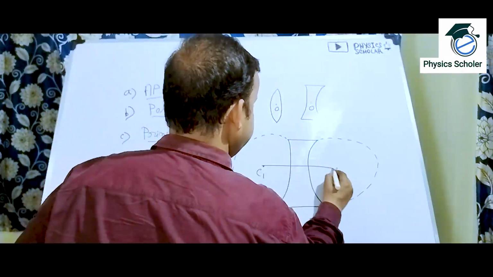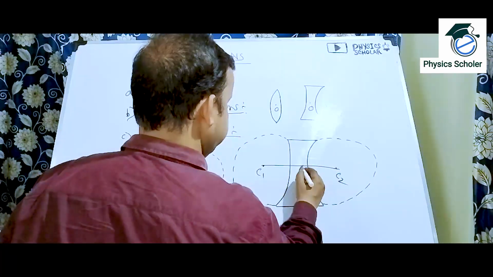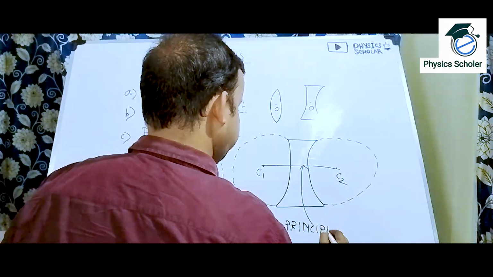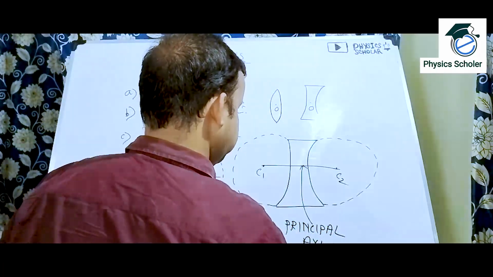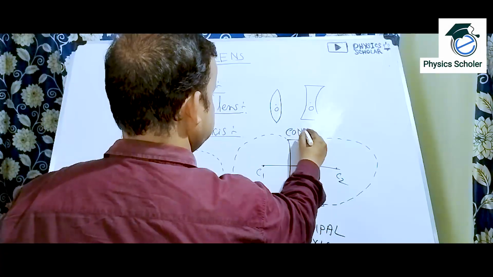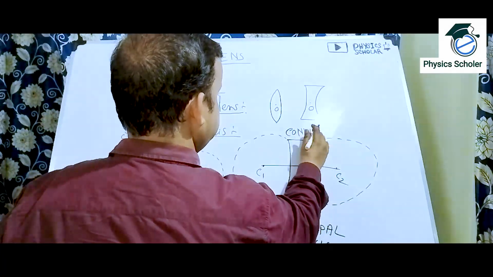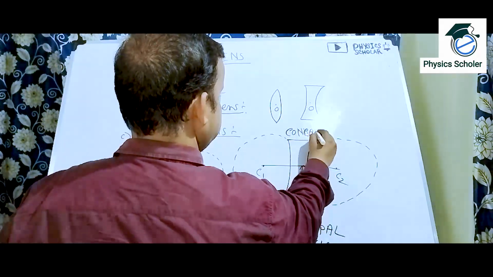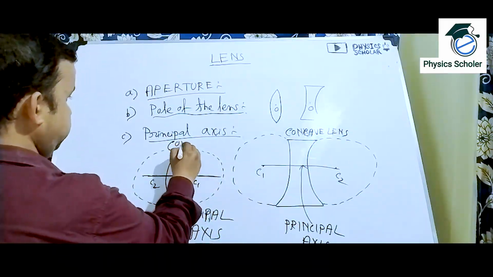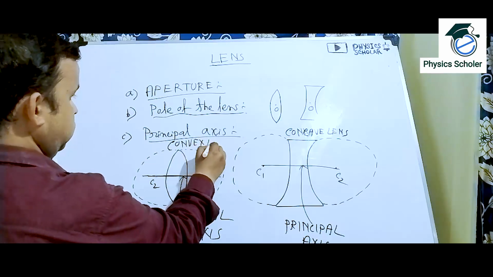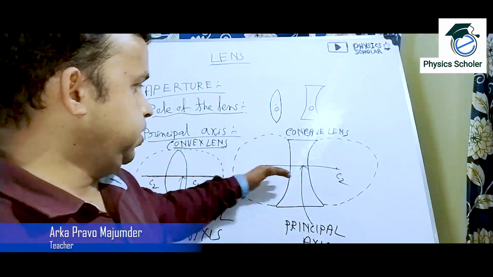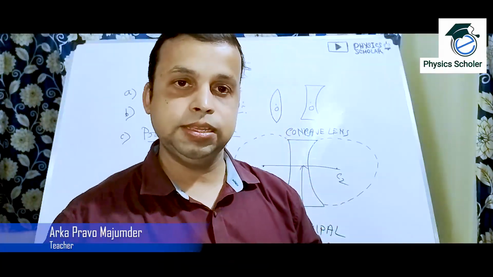If we draw a line joining them, this is nothing but the principal axis of this concave lens, and this is the convex lens. So this is the principal axis.